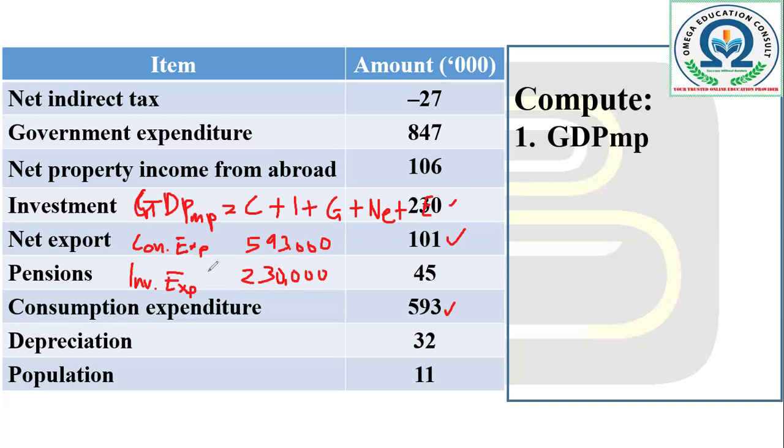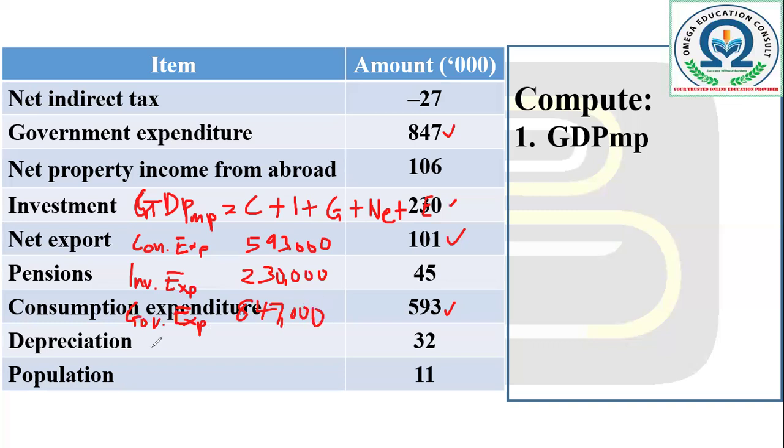Okay. Now the next item is government expenditure, and government expenditure is given here. So remember to always write in full. Government expenditure is given as 847,000. Okay.